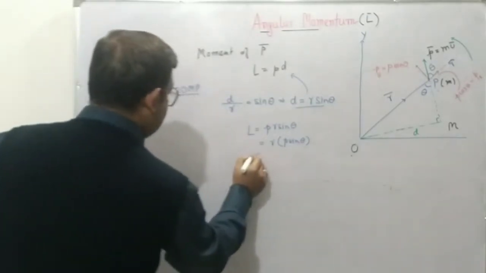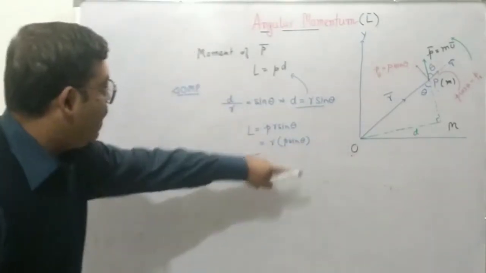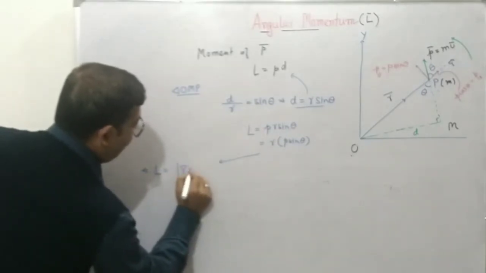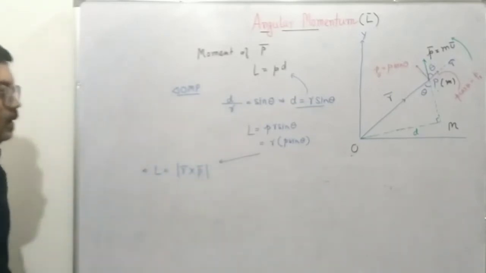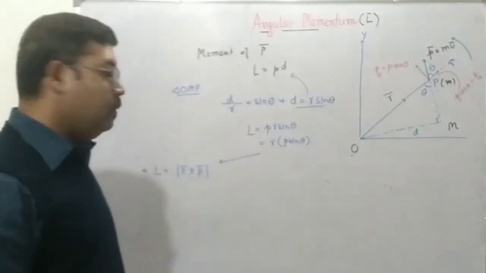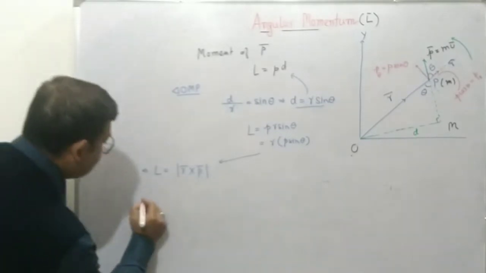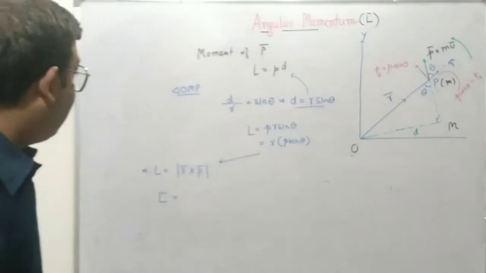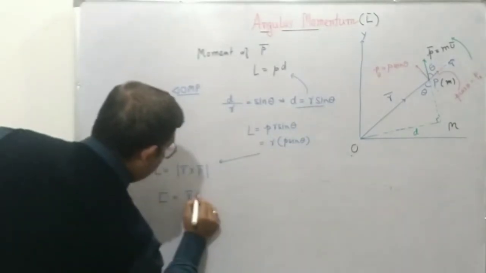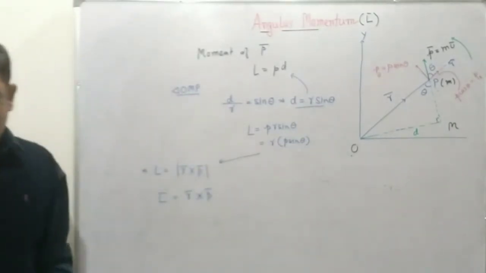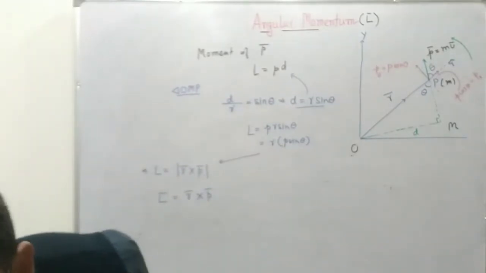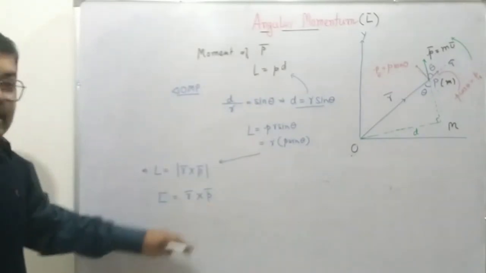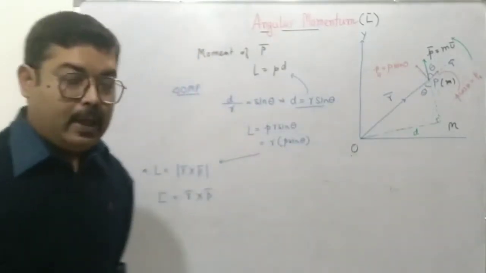Okay, from here let's take two different routes. First, r p sin theta is equal to the modulus of vector r cross p, right? Or we can say, just as we were able to express torque in a vector term, angular momentum is r cross p. So it is the cross product of the radius vector with the linear momentum.